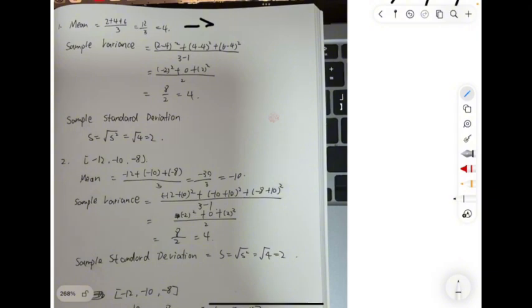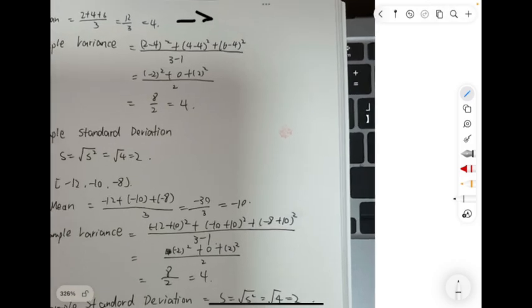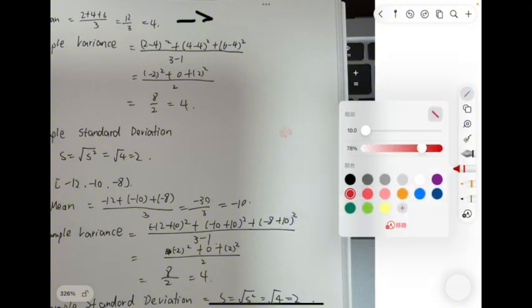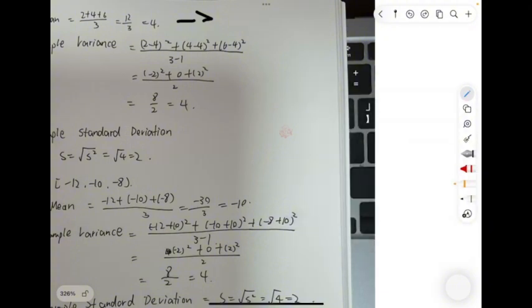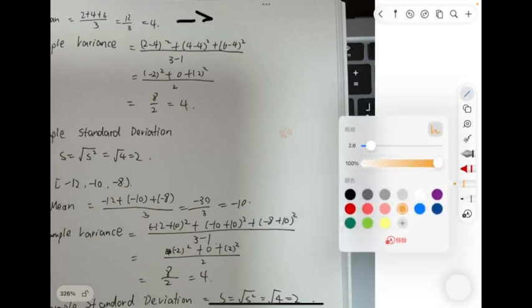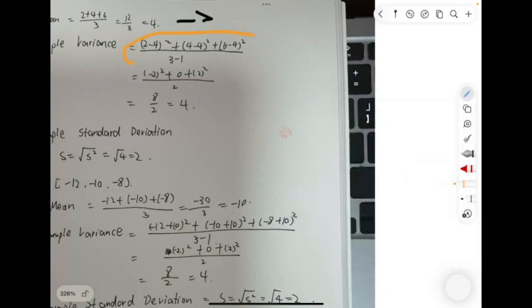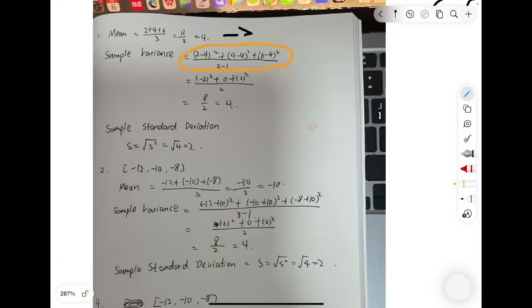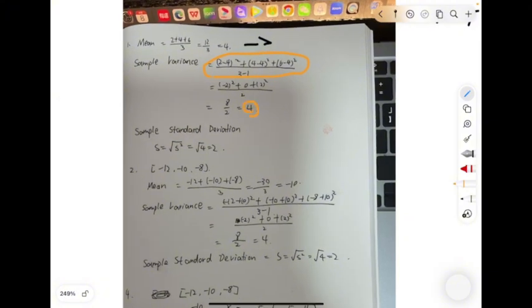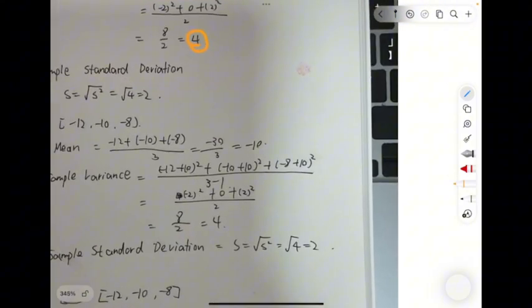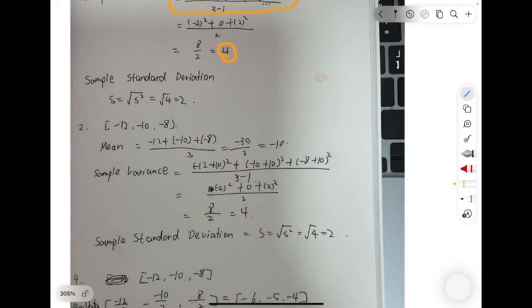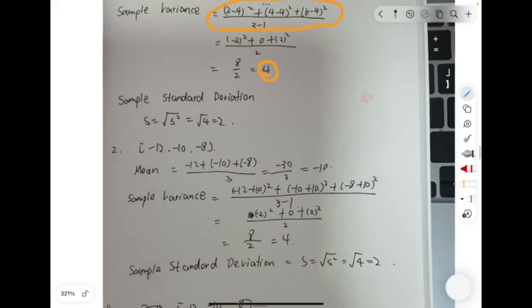And the sample variance is this one, and the answer is 4. Then we calculate the sample standard deviation. The answer is 2.